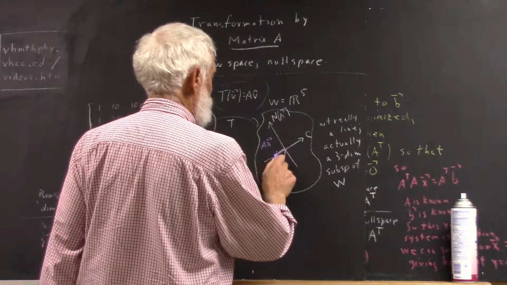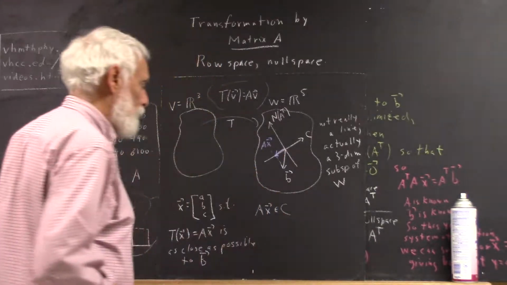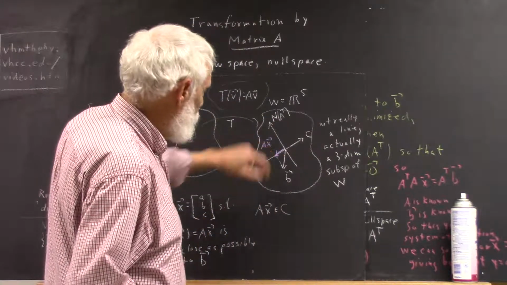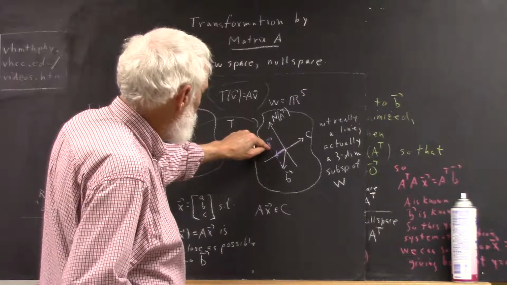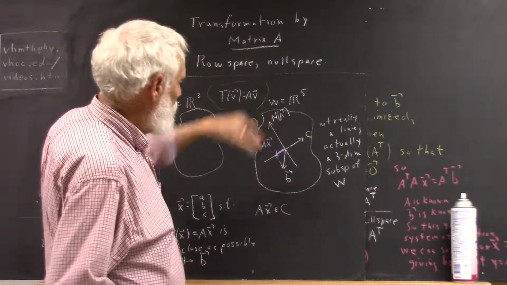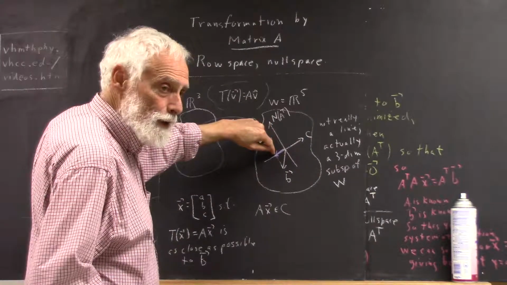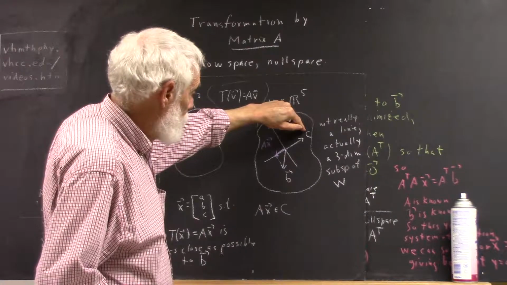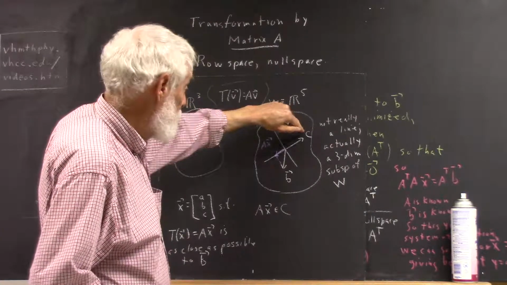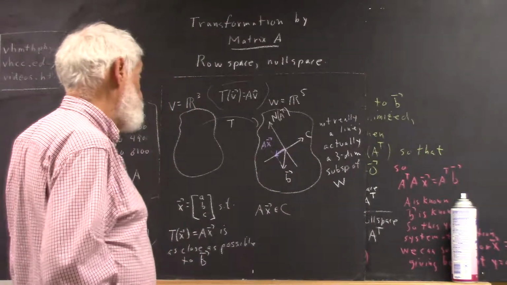I'm being a little ambiguous using an arrow and a point, but so be it, okay? This point represents AX in the blobby space, but this arrow is another way of looking at it if we regard this as our column space of A.